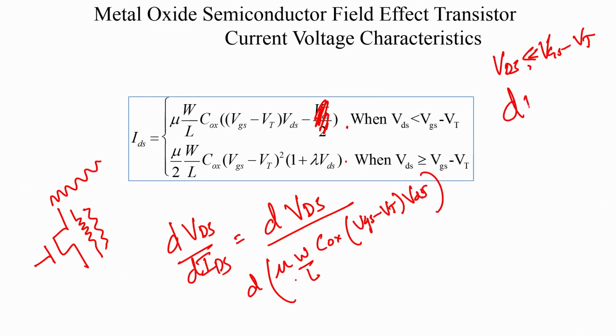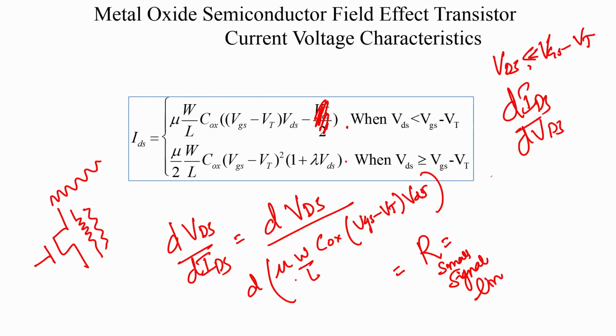You calculate dIDS by dVDS and take the inverse of that, and you will end up with the small signal resistance of the MOSFET in linear mode of operation being 1 by mu Cox W over L into VGS minus VT. So, that is the small signal resistance of the MOSFET operating in linear mode.